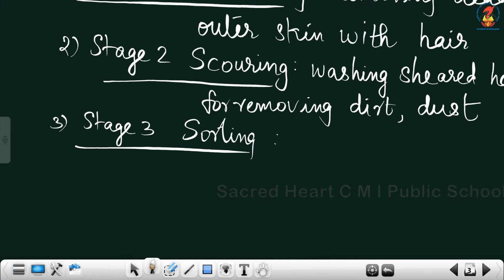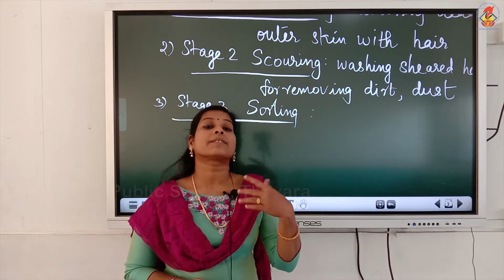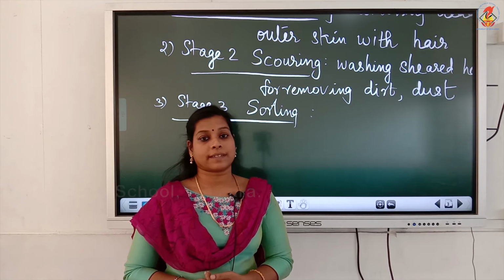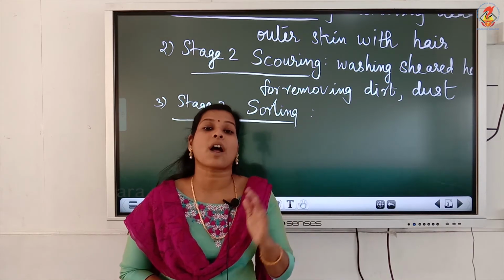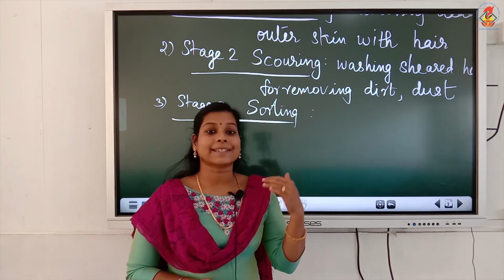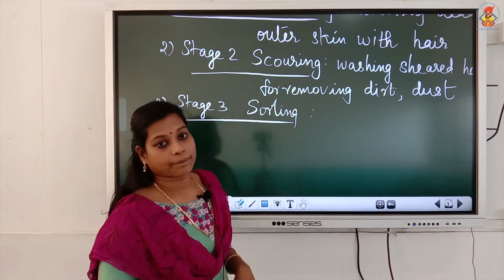After scouring, the hairs which we are collecting from different animals will have different textures. So, depending upon the textures, we have to sort them, and that is known as sorting.